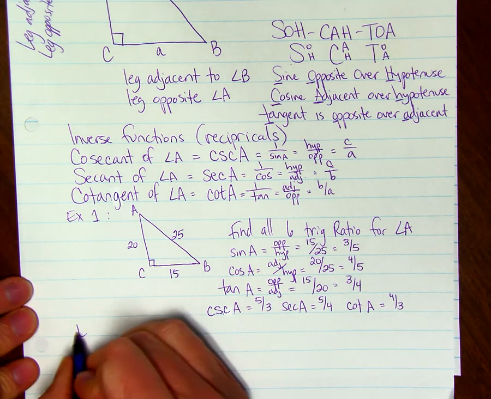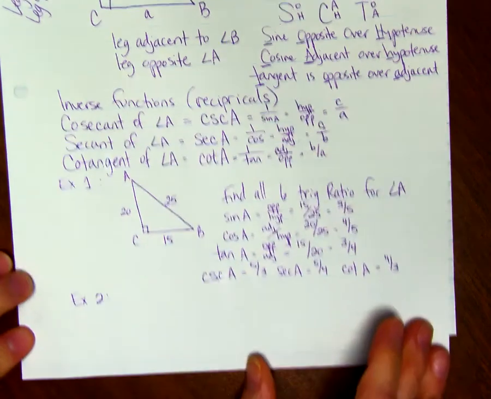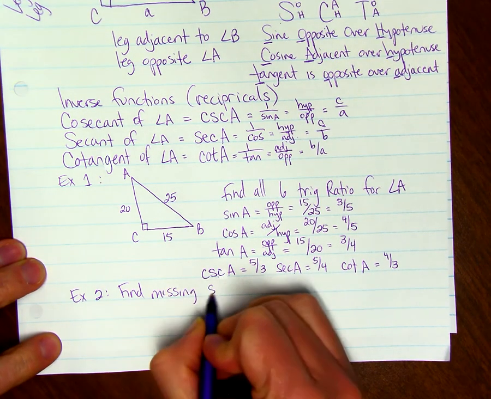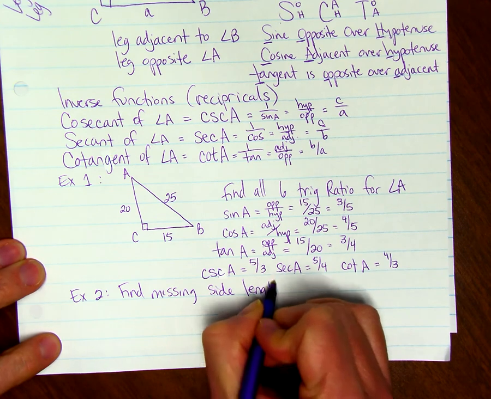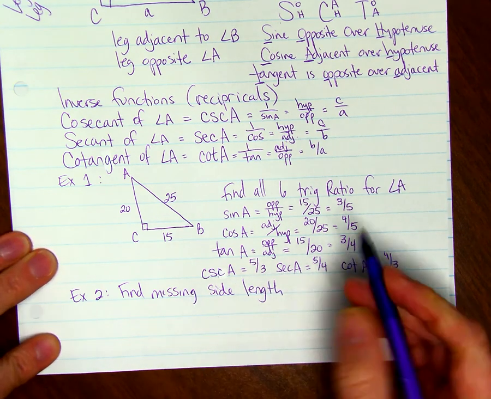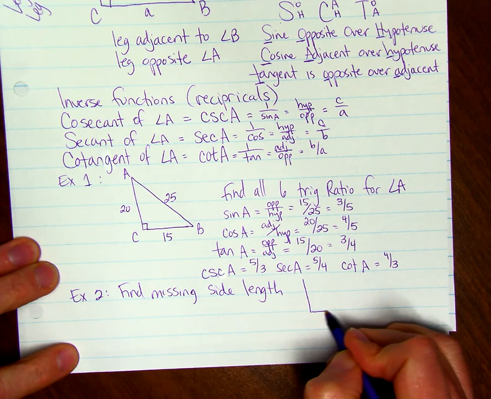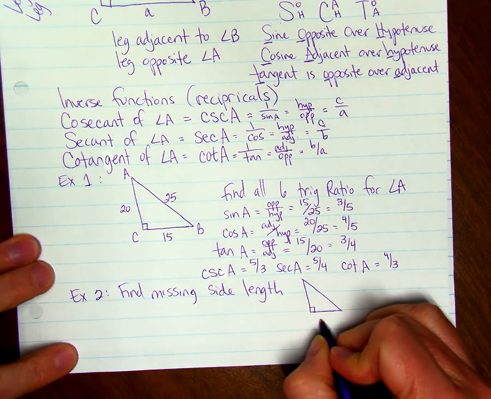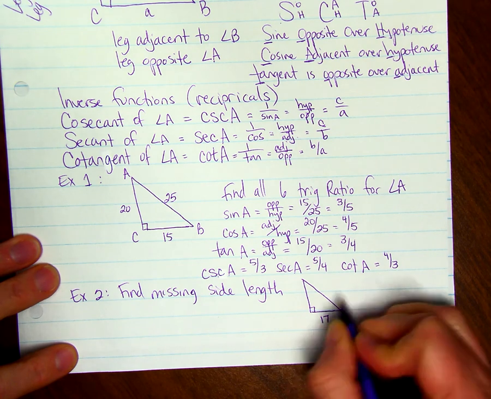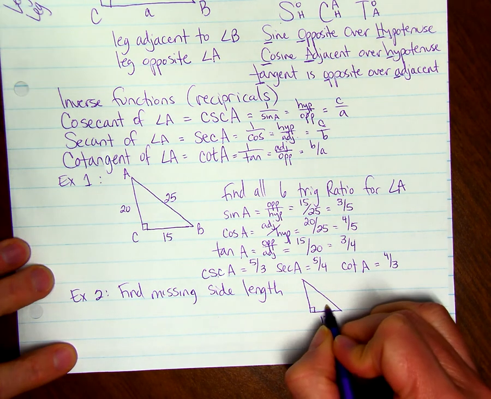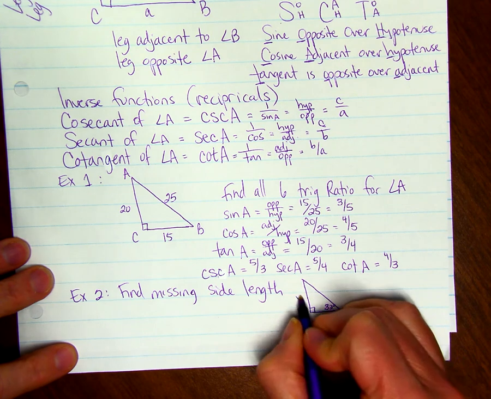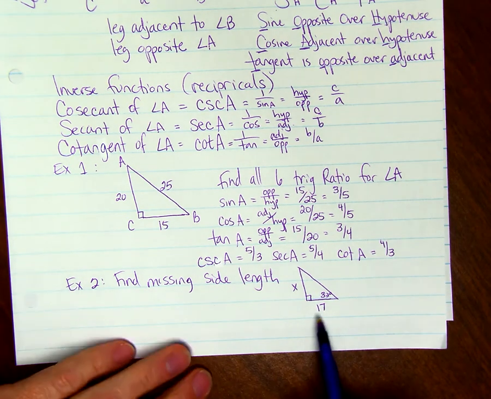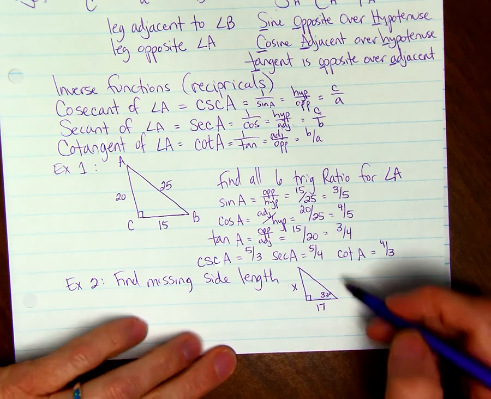Okay, we're going to do one where we have to find a missing side length. Now, we're not going to have 2 sides, because if we did, we could just use the Pythagorean theorem. It's a right triangle. This side is 17, and the angle right next to 17 is 32 degrees, and then we have x. So if you notice, we have both legs, one's x and one's 17, so we want to use tangent.